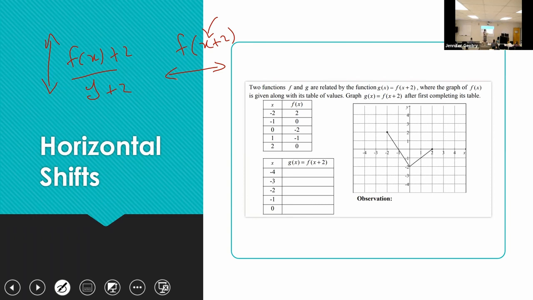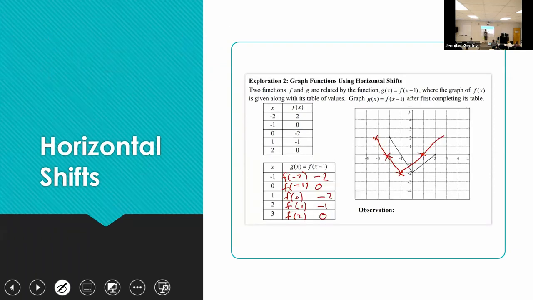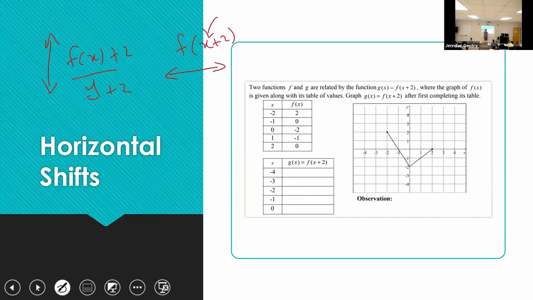Let's look at this one. So this is an x plus 2 here. So my g of x equals f of x plus 2. So here, I'm going to say my x plus 2. So what is minus 4 plus 2? Minus 2. Minus 3 plus 2, minus 1.